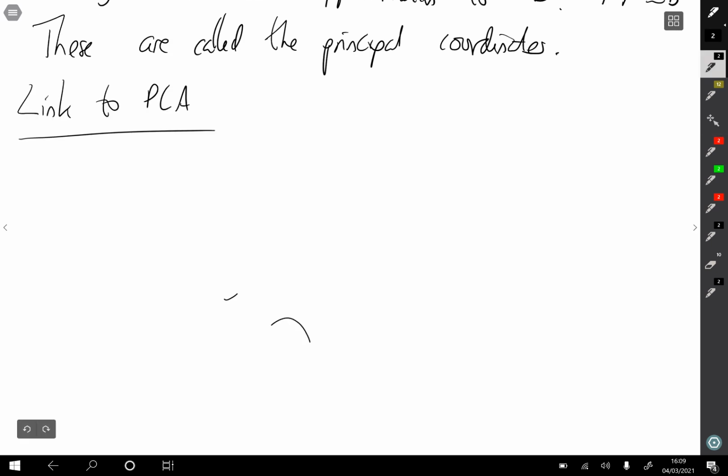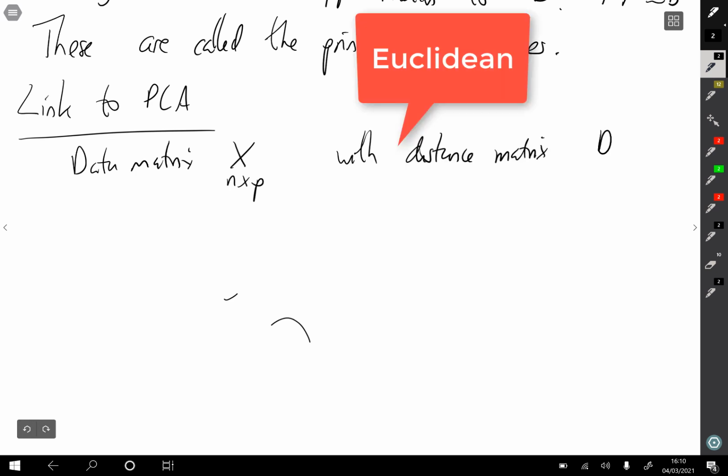Let's suppose we're given a data matrix X, which is n by p, with distance matrix D, which is n by n. Just recall what PCA does. PCA takes the centered data matrix HX and finds its singular value decomposition, U sigma V transposed.